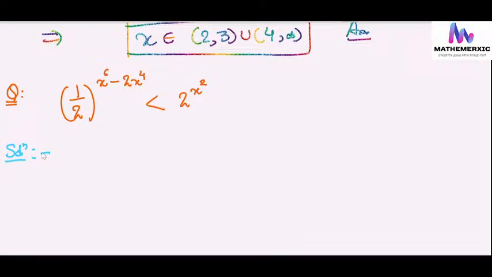We have half. Half is half to the power something. So if the bases are same, then also we have to think. So half to the power, and how can you bring half here? We don't know.